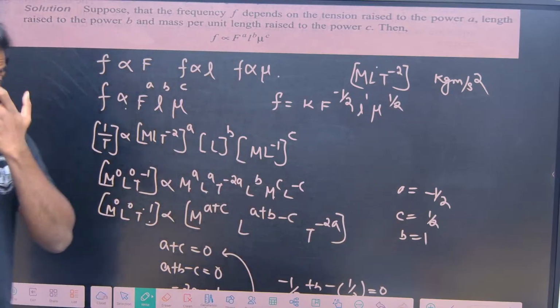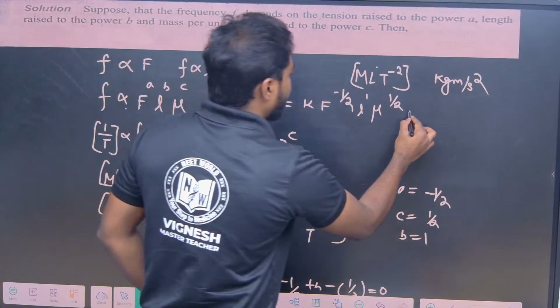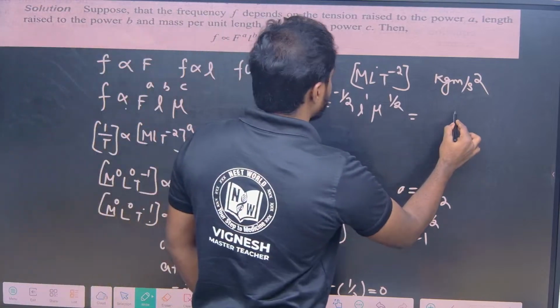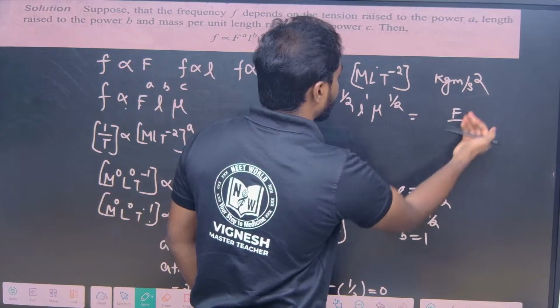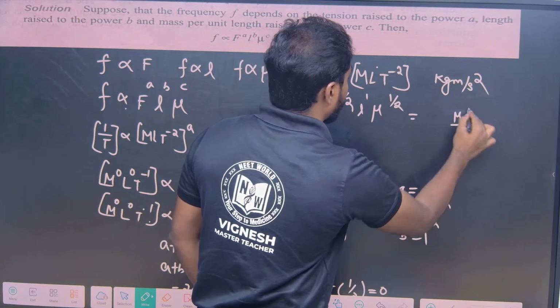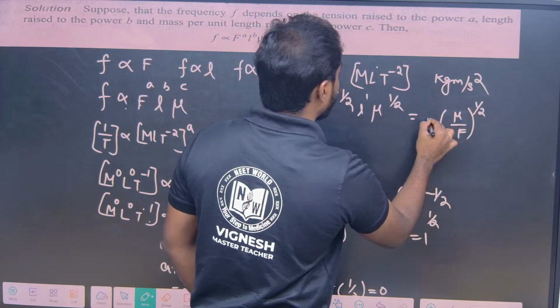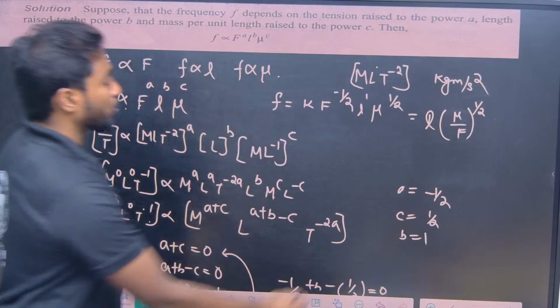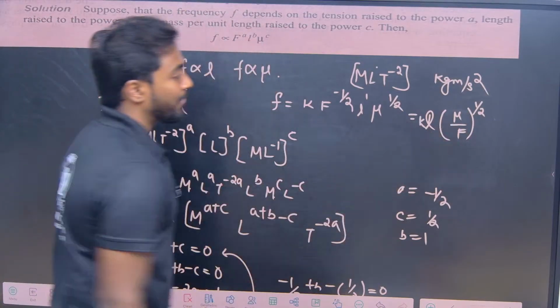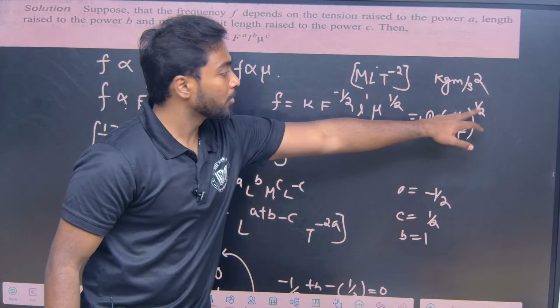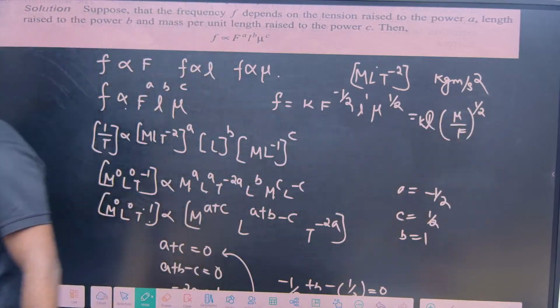Now let me rearrange this one. So the formula for the frequency is f equals k L times (mu by F) power 1 by 2. That's it.